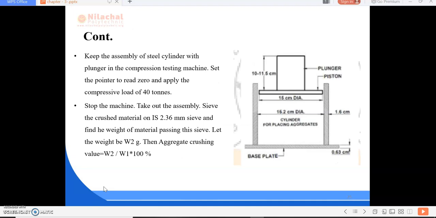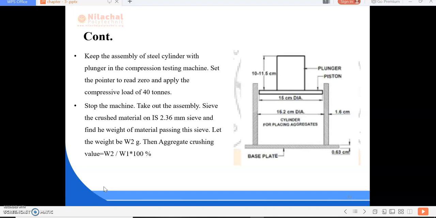Keep the assembly of steel cylinder with plunger in the compression testing machine. Set the pointer to read 0 and apply the compressive load of 40 tons. Stop the machine, take out the assembly, sieve the crushed material on the IS 2.36 mm sieve and find the weight of material passing this sieve. Let the weight be W2 grams; then the aggregate crushing value will be W2 by W1 into 100%.